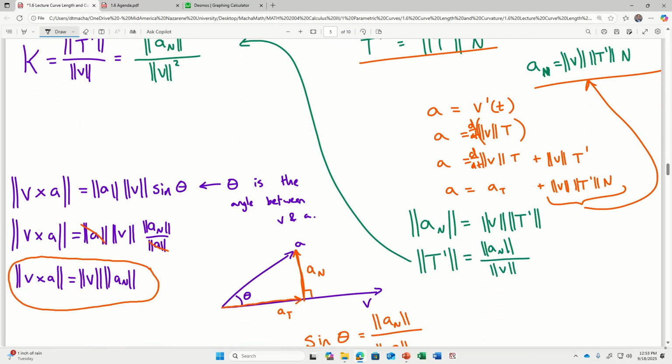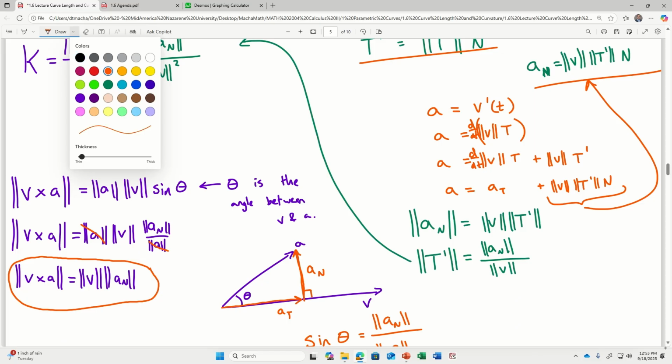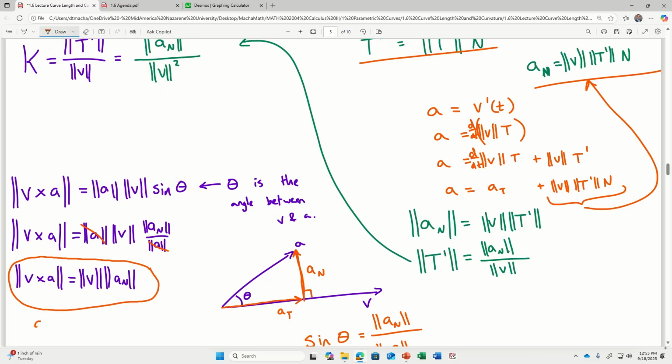Okay, so let me just rearrange this one more time and it should be ready to use. We'll write AN, the normal component of acceleration, is equal to the norm of V cross A divided by the speed. Now, not that one, but this one is what we're going to use.